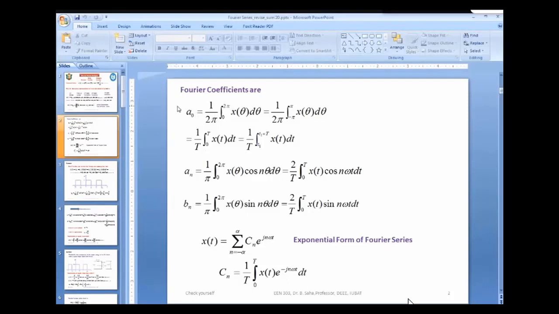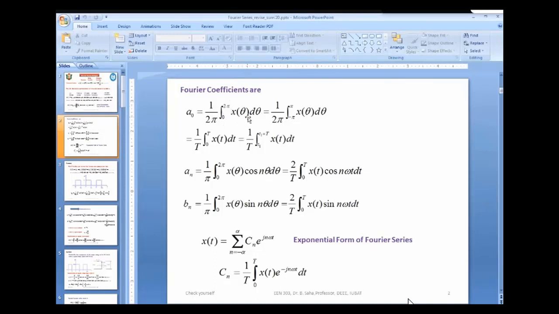So if you want to find out the A0 in terms of the angle domain, we can say angle scale, then we write down 1 over twice pi, 0 to twice pi, x of theta d theta.